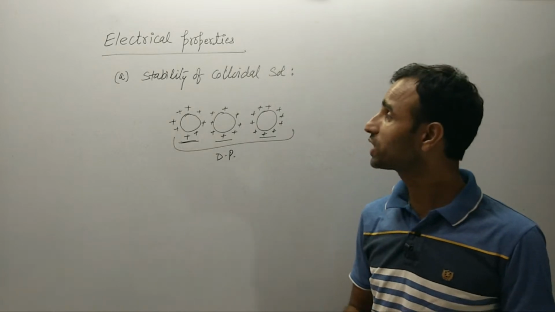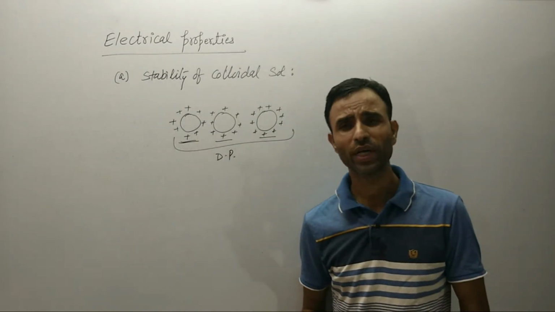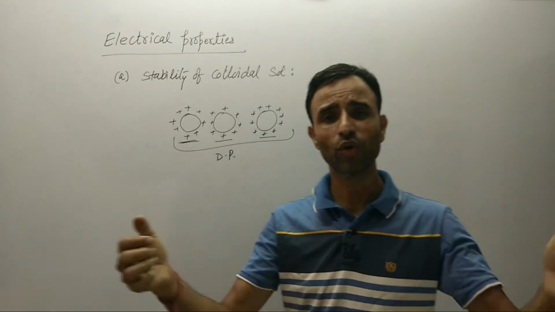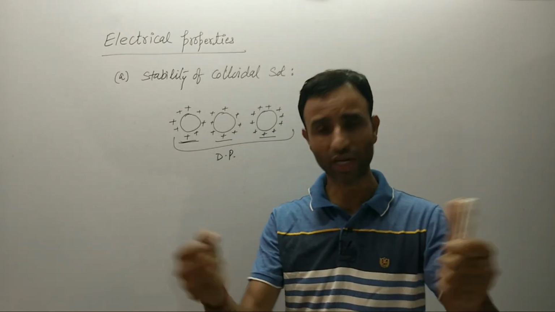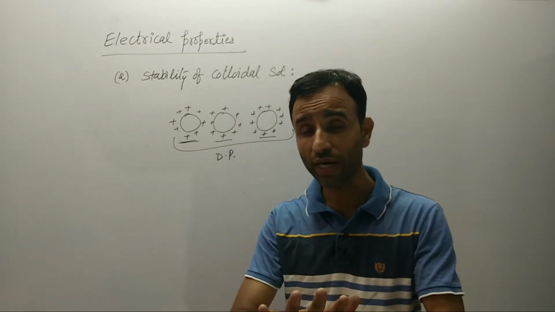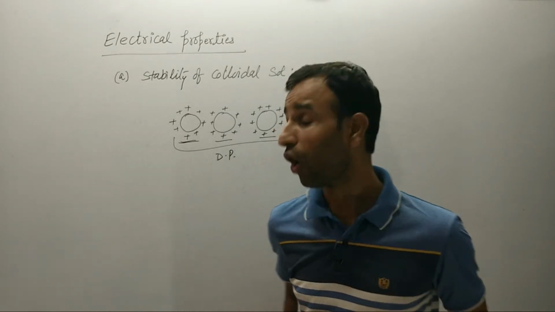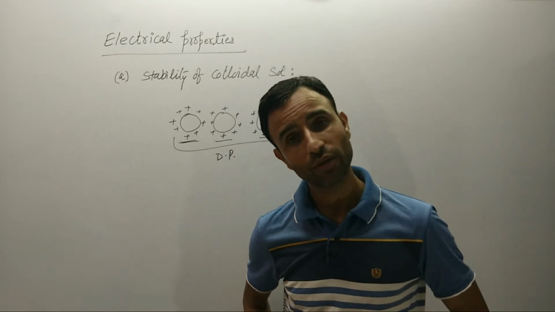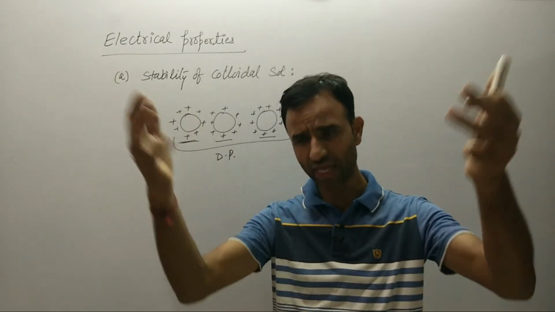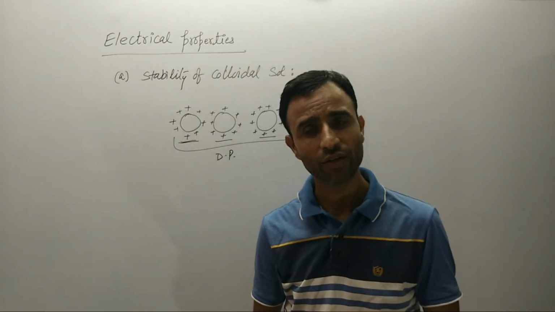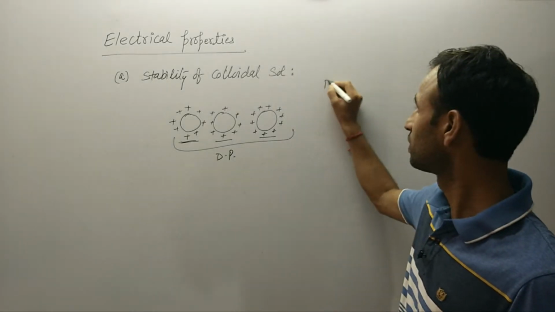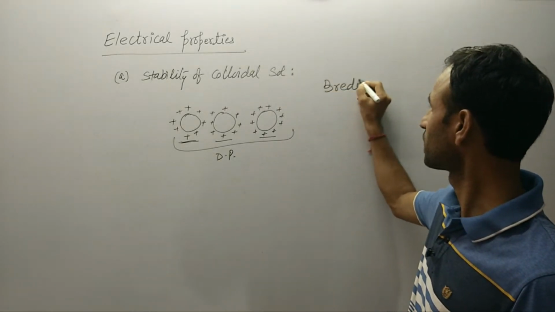Now how does this charge develop? So the first theory is due to rubbing of dispersed phase particles on the dispersion medium particles, okay, or electron capture by the air, like in Bredig's arc method. We have done this.